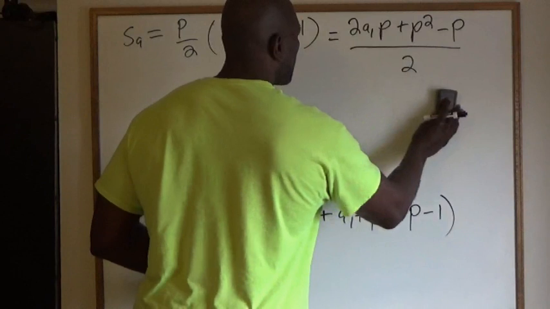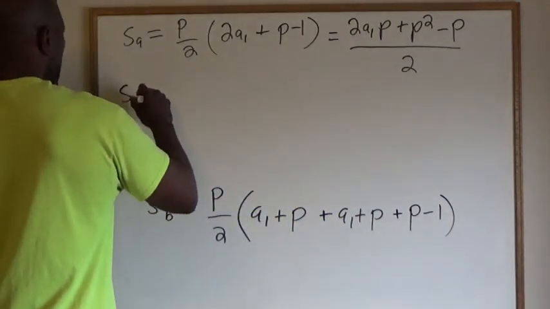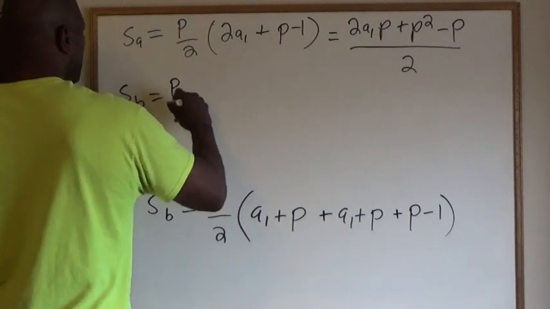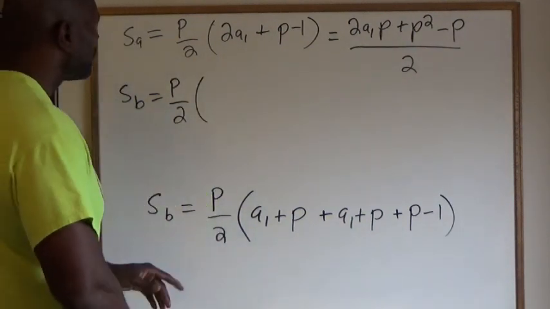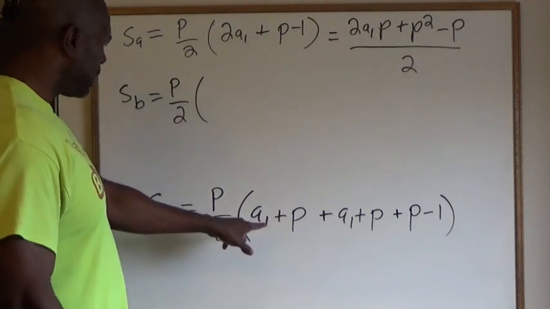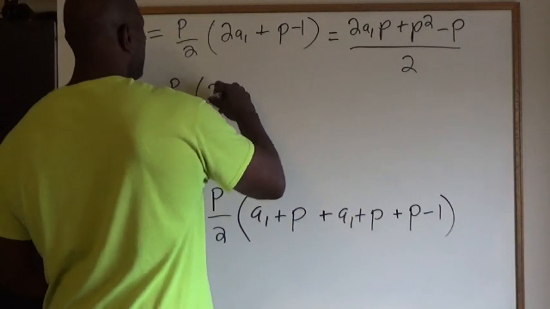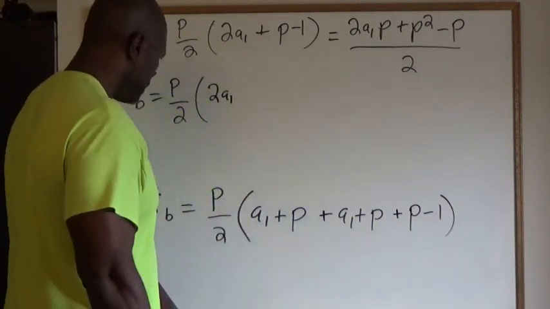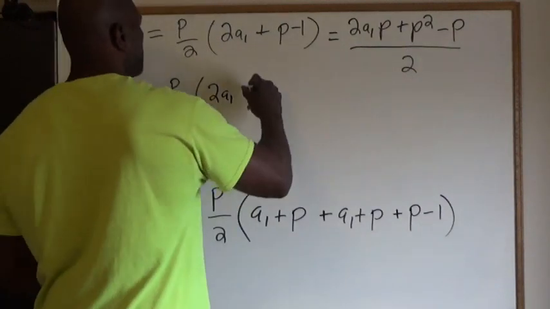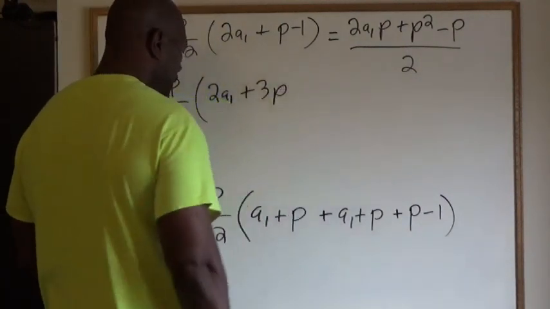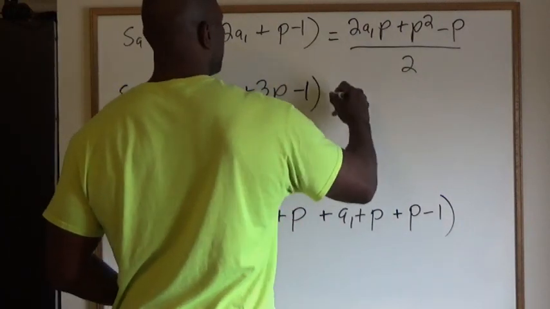Let's simplify partial sum B. So partial sum B is P over 2. Let me simplify this. So again, I have 2A1, 2A1. I have 3P plus 3P and minus 1.